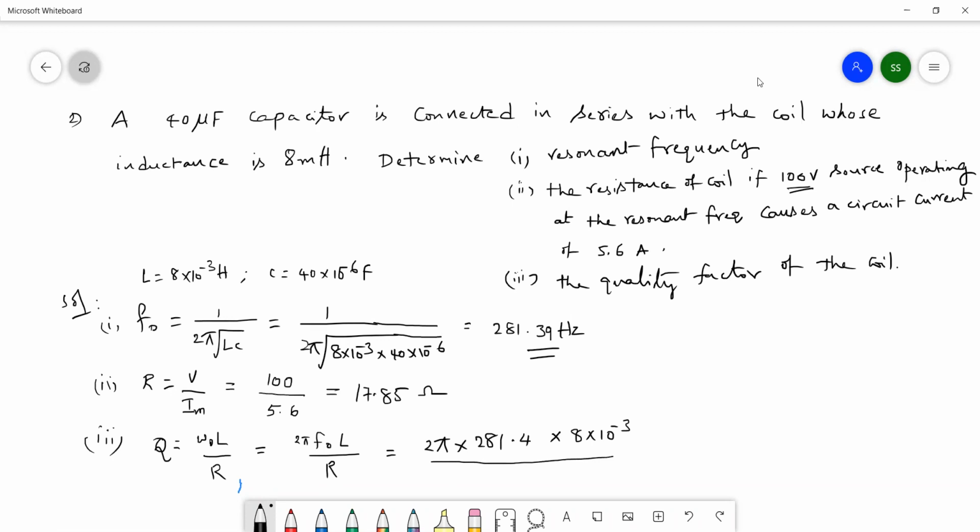What is the R value? 17.86 or 85. Yes, sir. So do it and tell me the answer for quality factor.